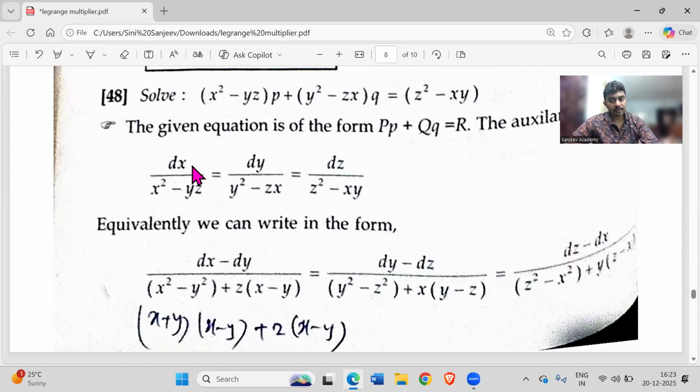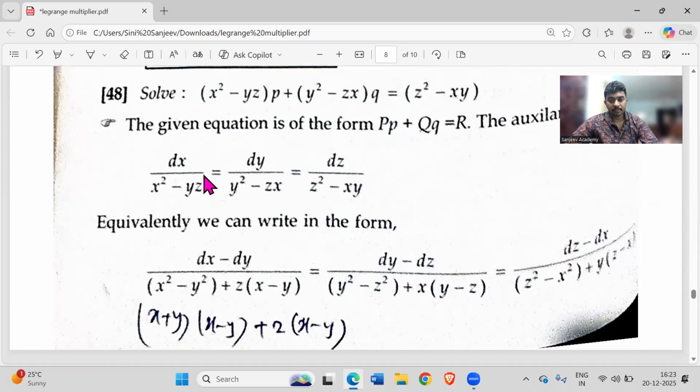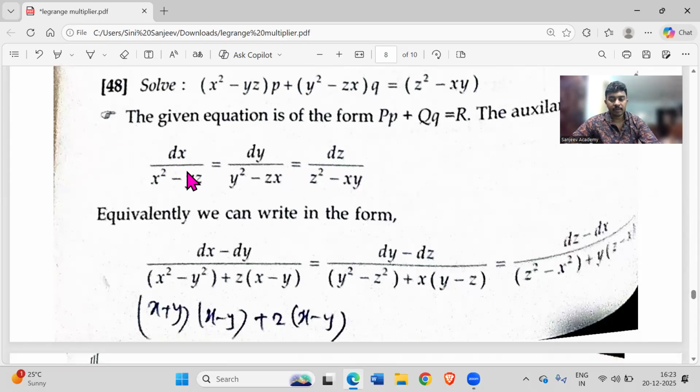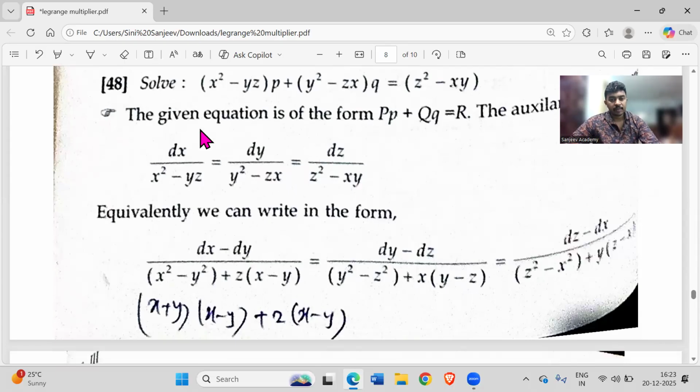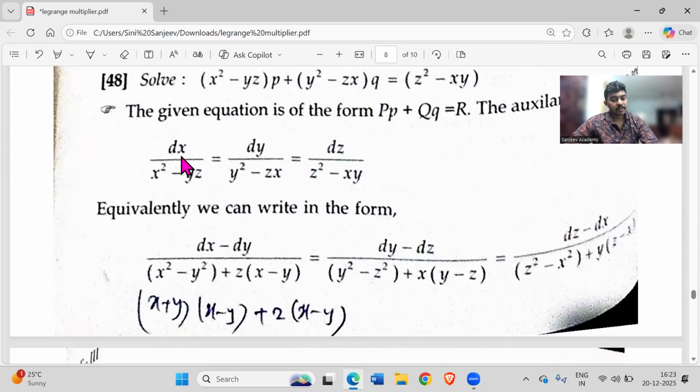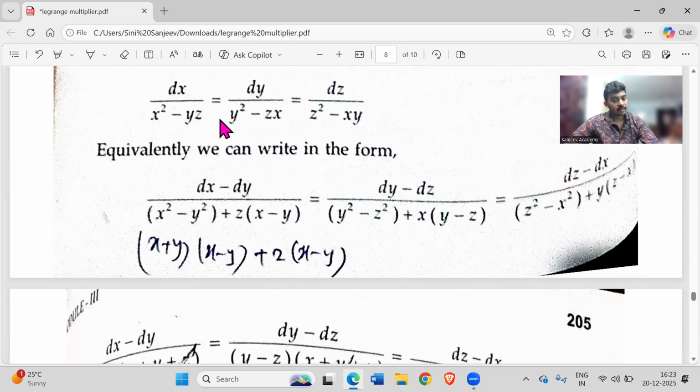Then subtract both the things here. At the end of the day, I have to find the auxiliary equation phi. So dx is there and dy, so subtract these two equations, dx minus dy. So x square minus yz minus y square plus zx.